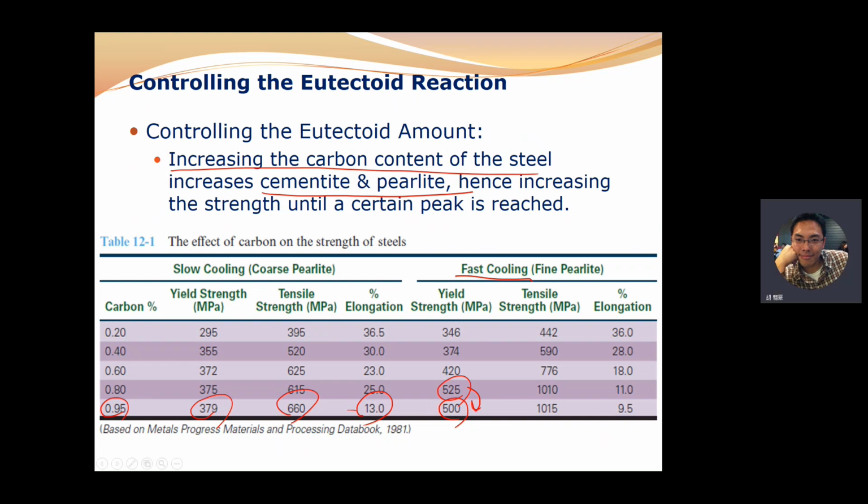If we compare the mechanical property between the slow and fast cooling rate, what's the result? What are the differences? You'll find out the strength of fast cooling is always higher than that of the slow cooling, right? I will explain the reason why later.